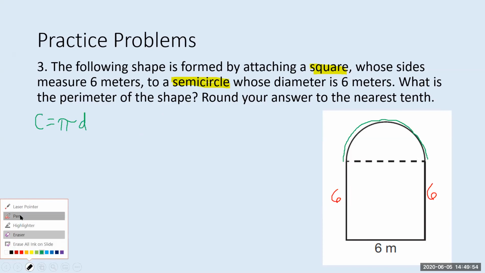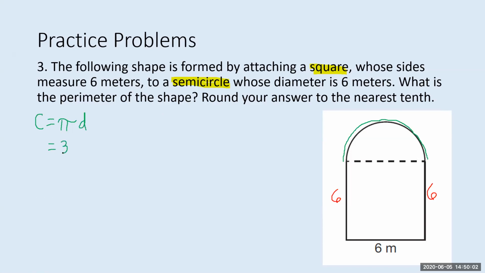So, back to my pen here. All right, so pi, hopefully you remember that from last week, but if you don't, it's also written on your formula sheet. Pi is approximately 3.14. It's always the same. So pi is just this special number, 3.14. And then we know the diameter of the circle is 6 meters. So we know that because it says a semicircle whose diameter is 6 meters.